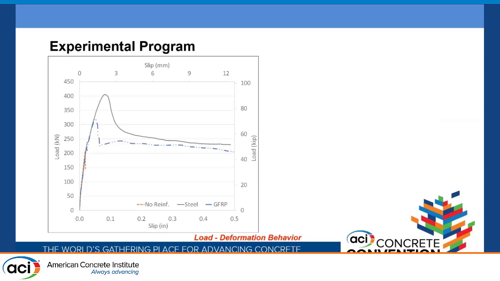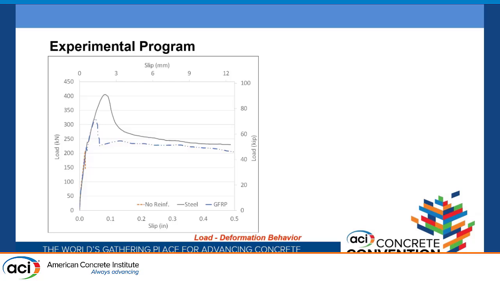Some of the results, so in this chart, you can see the slip versus the load. The gray line represents the performance of the steel specimen. The blue line represents the performance of the GFRP, and the orange the performance of the unreinforced specimen.